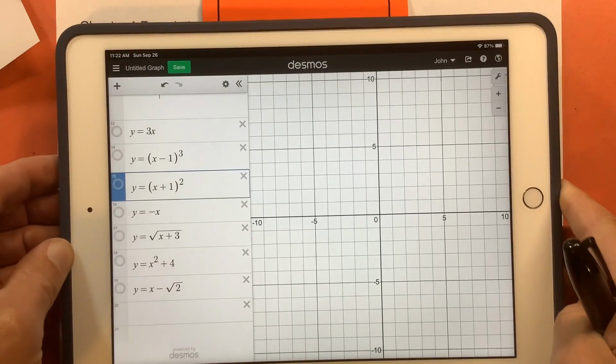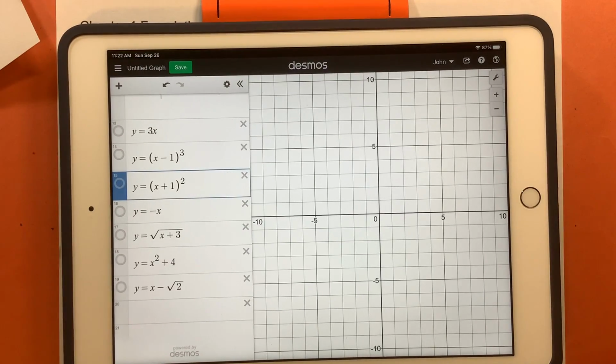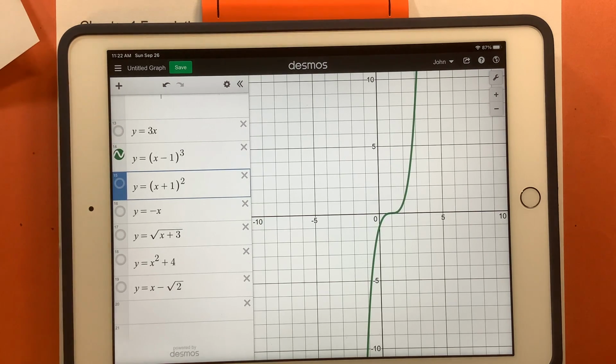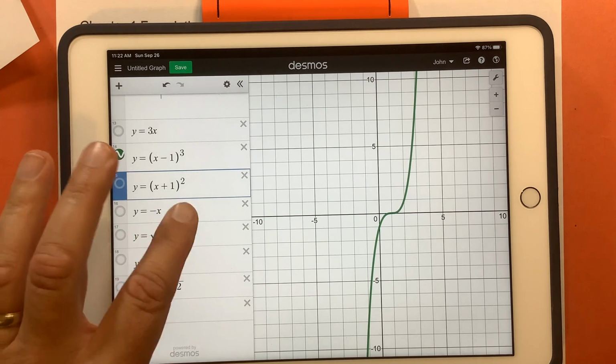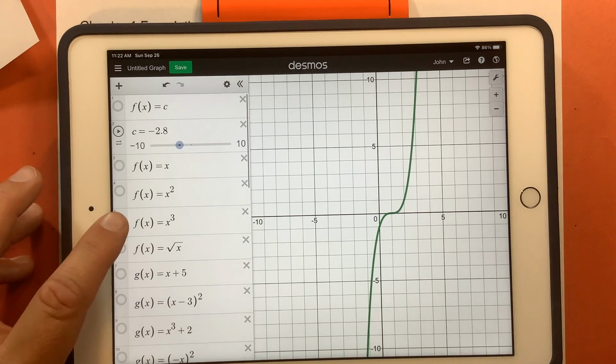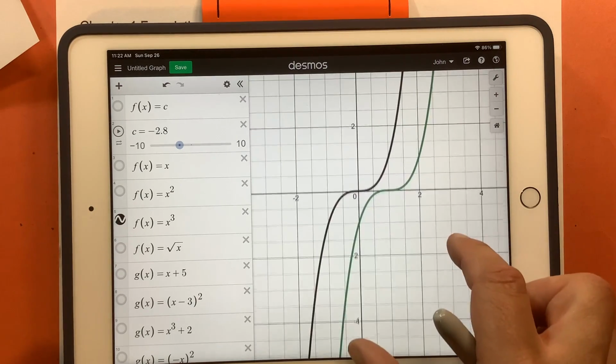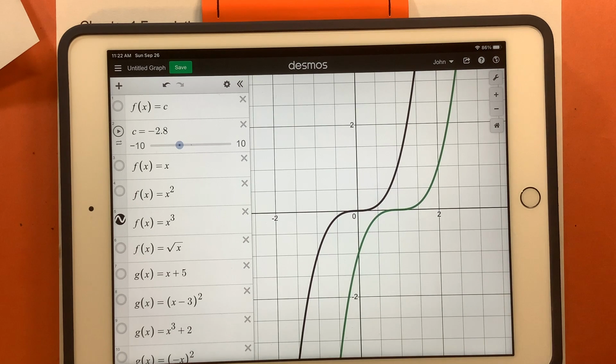Again, I'm using Desmos, and here's the one we got. Now like I said, that looks like the cubic, which is up here for me. The parent function is in black, and the function we're talking about, g of x, is in green.